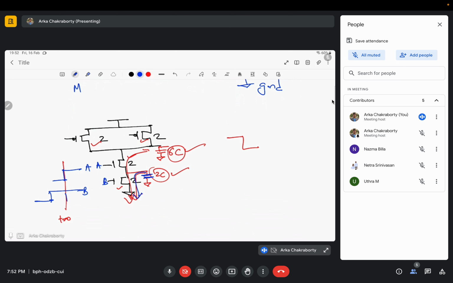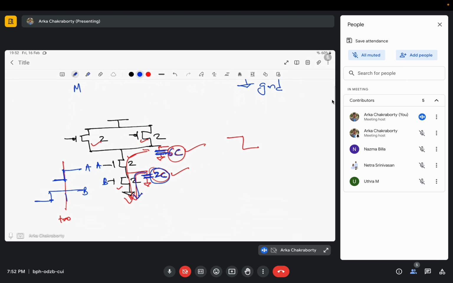So when A arrives at t equals 0, I only need to discharge the 6C, as this 2C has already been discharged. So the delay required will be less than the worst case delay.